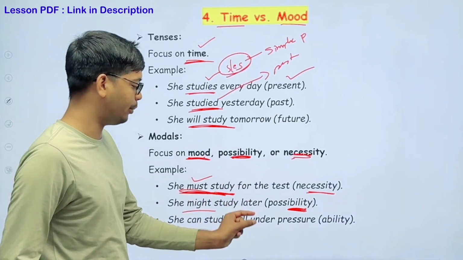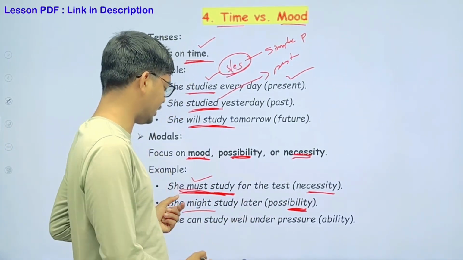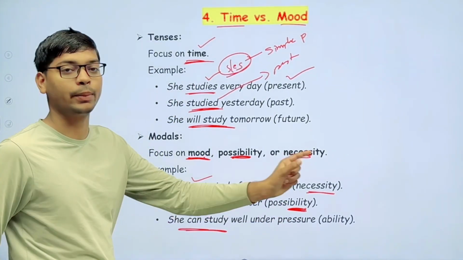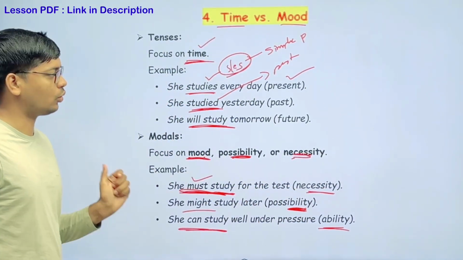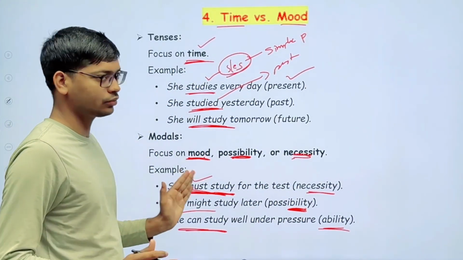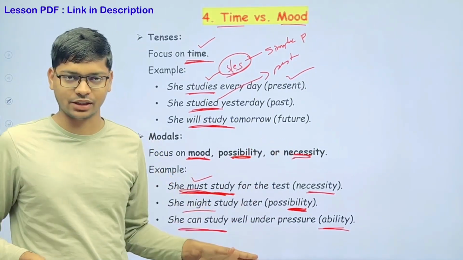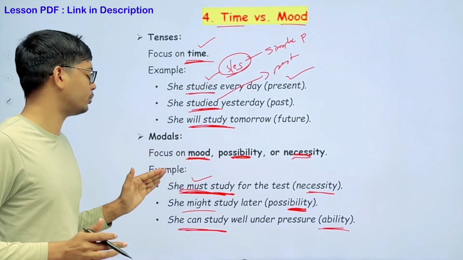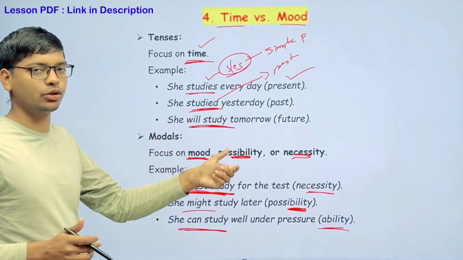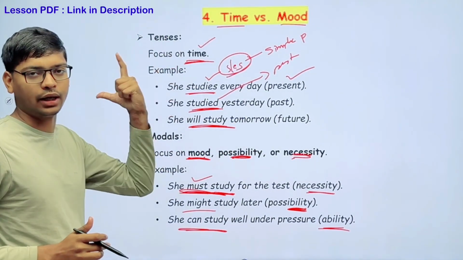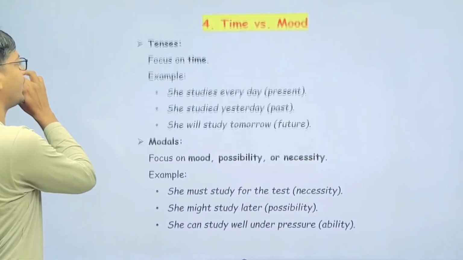She can study well under pressure; here can shows ability. So you understand the difference between tenses and modals: modals focus on mood, possibility, or necessity, and tenses focus on time. Let's move on to our next point.